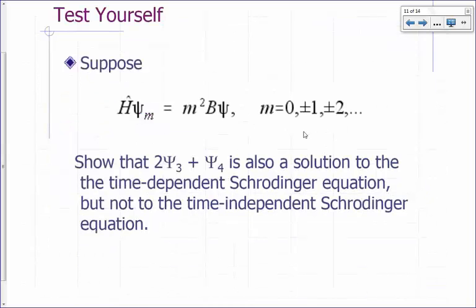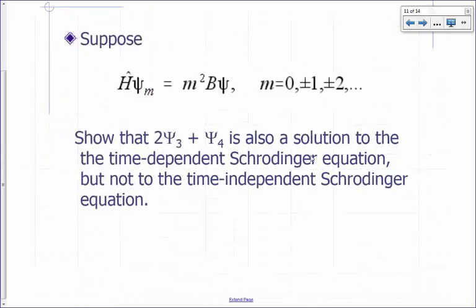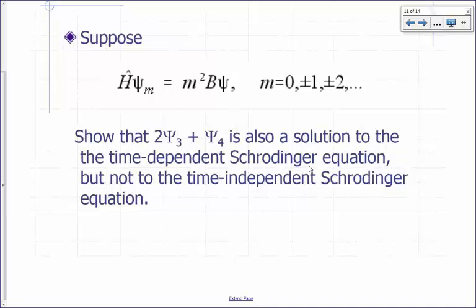And this is more of the same, except that in this case it is a linear combination of non-degenerate states, right? What is E3? 9b. What is E4? 16b.